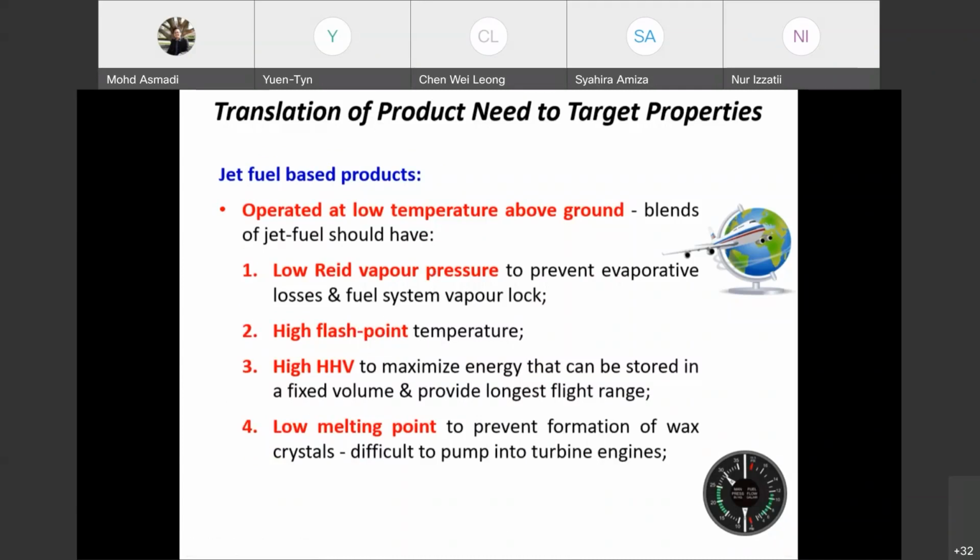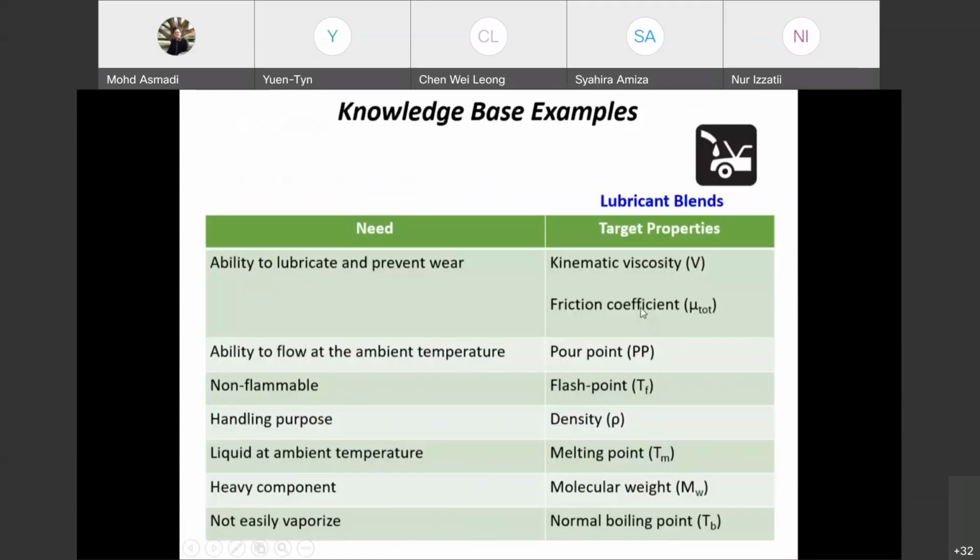So this one is another example, lubricant blends. If we blend between the fuels, there is the ability to lubricate and prevent wear, meaning that it is related with the viscosity and also friction. Pour point: flow at the ambient temperature. Like a biodiesel, right?